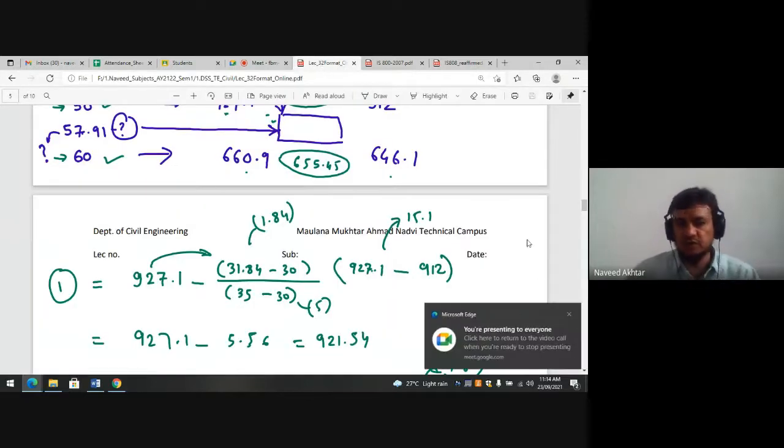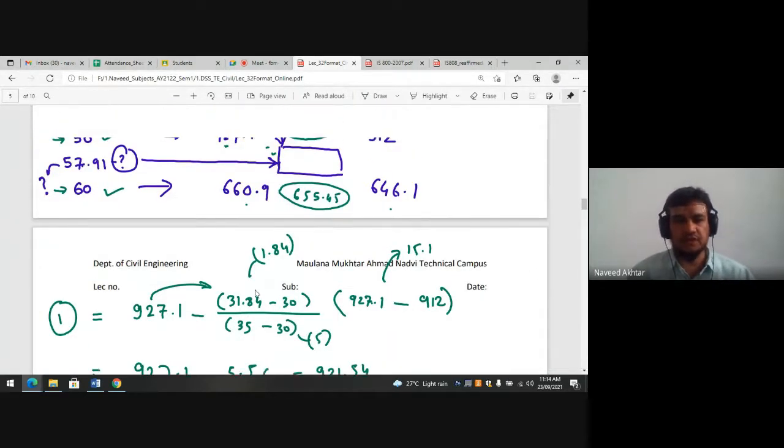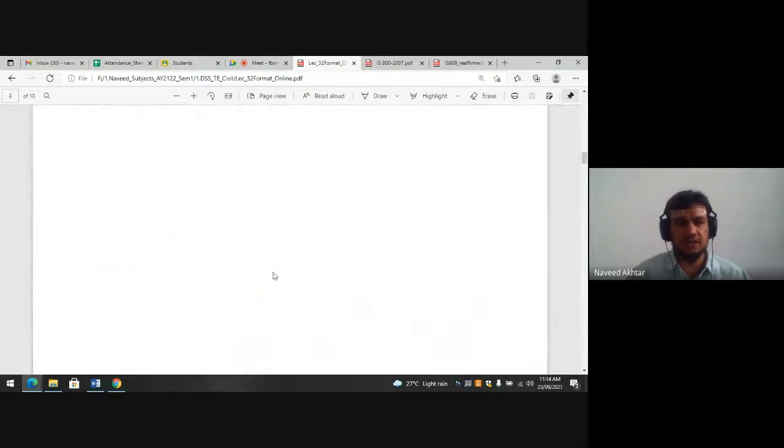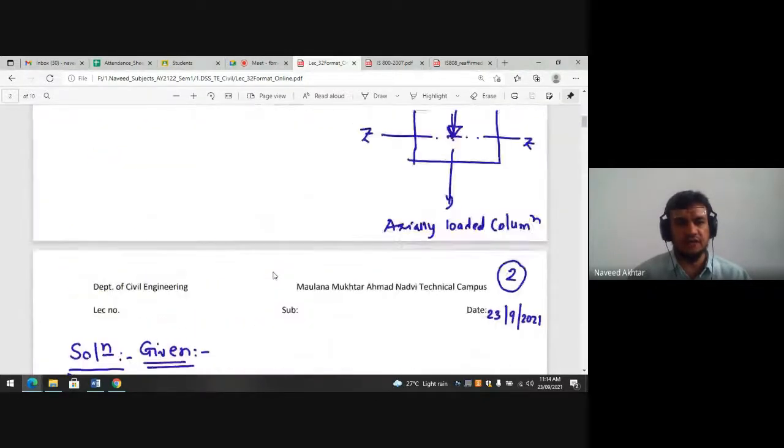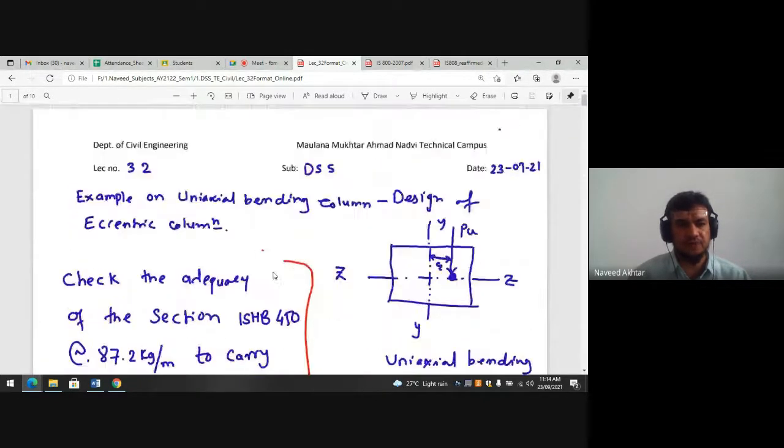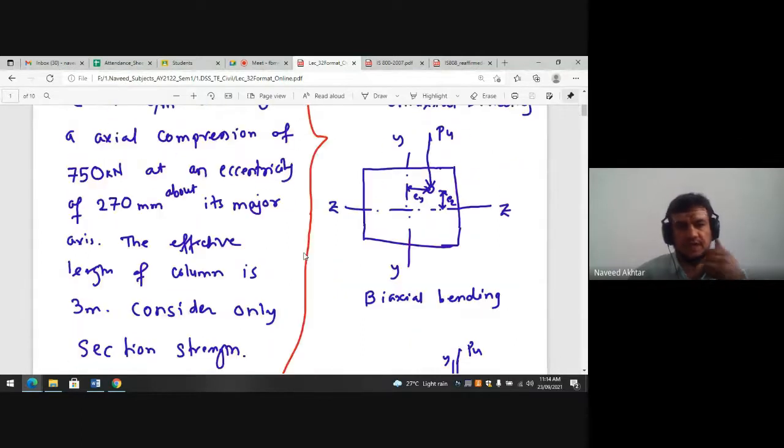Very good morning. In this lecture number 32 we started this example on design of eccentric projected column for uniaxial bending.